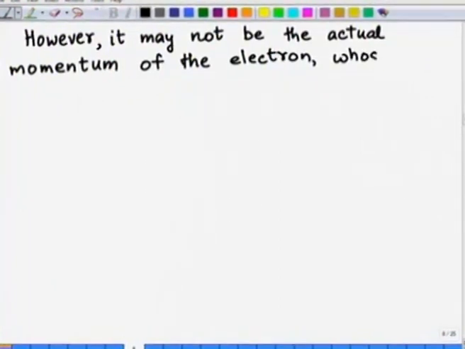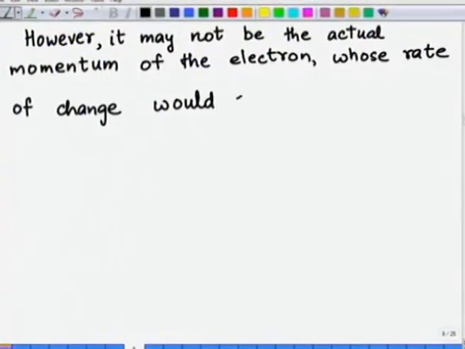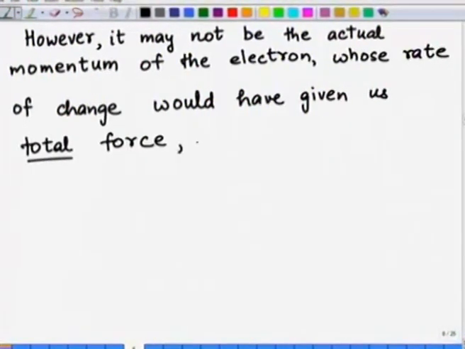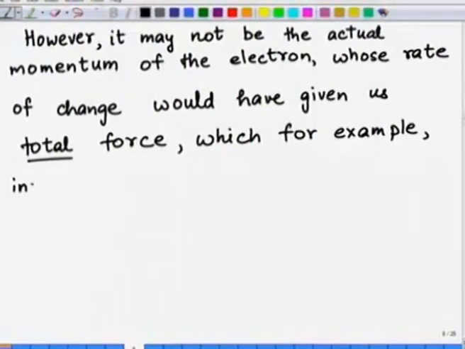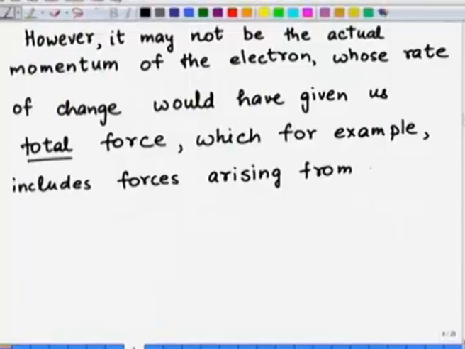The actual momentum, whose rate of change would have given us the total force, which, for example, includes forces arising from ion interaction.